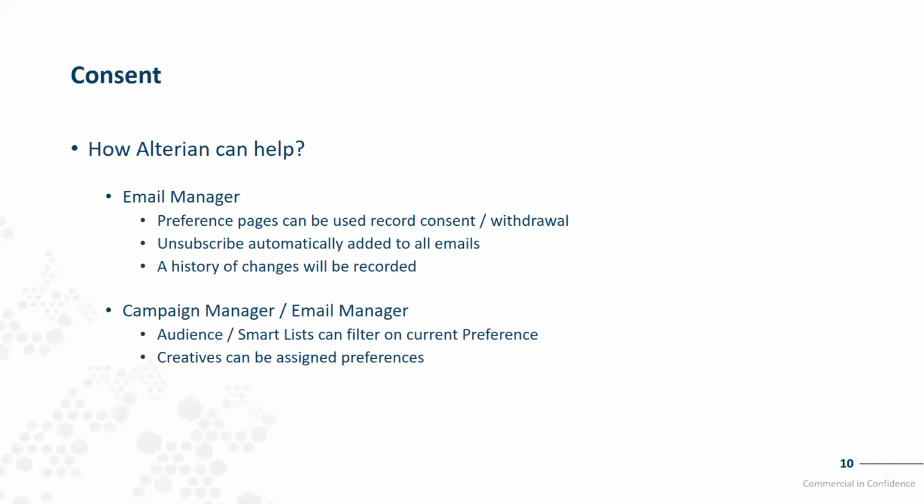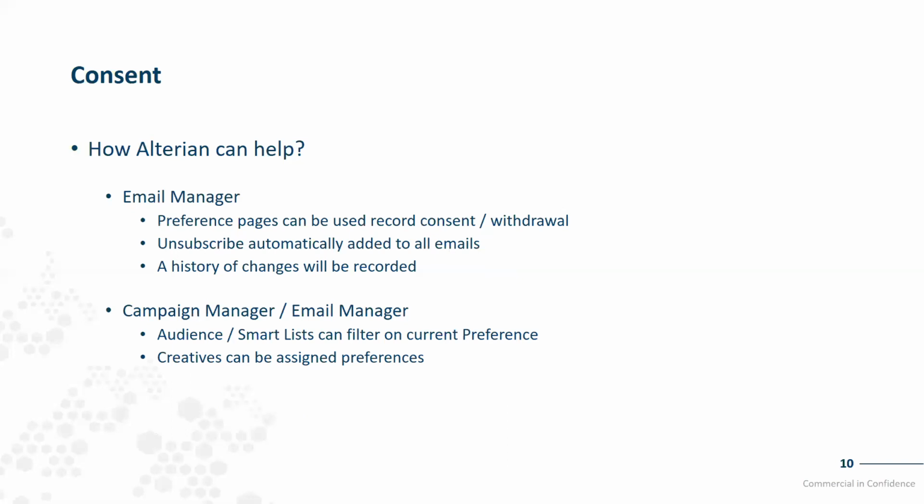A new thing, again, which is coming in a couple of weeks, is the ability to assign preferences to creative. So this is a new thing within Email Manager, and obviously Campaign Manager will respect the same setup. So the idea now is that I could have preferences set up on a GDC form, such as newsletter, pets, DIY, holidays.